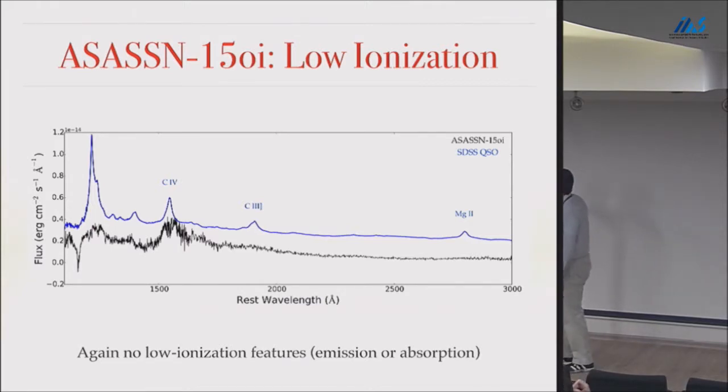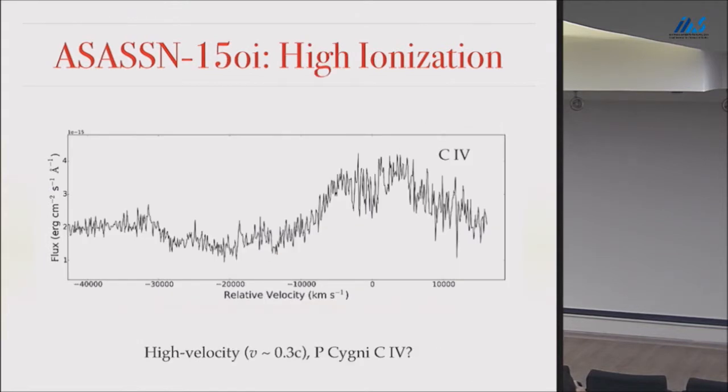Plausibly Lyman alpha. Again, you see something that looks, particularly if you look at this as some kind of continuum level, P Cygni-ish. I wouldn't bet my life on that. But these are very broad features in the high ionization lines and nothing going on in the low ionization lines. Okay, so let me try to summarize what we're learning from these things.